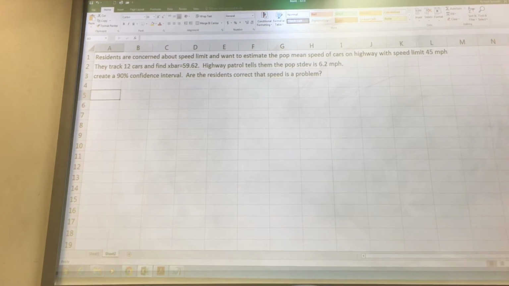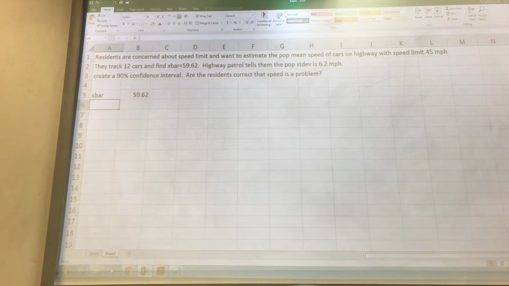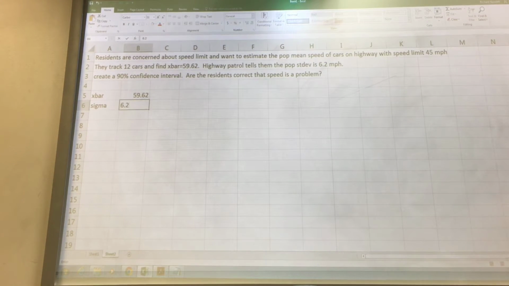Okay? So I gave you the x bar, in this case was 59.62. What else did I tell you? Population sigma is 6.2 miles per hour. And anything else? n equals 12.